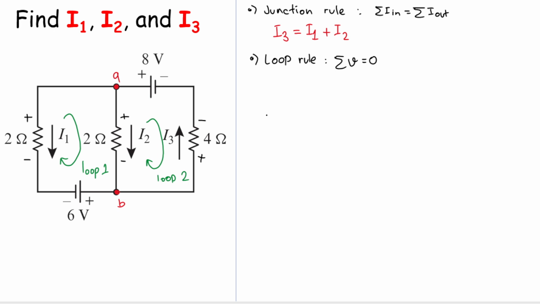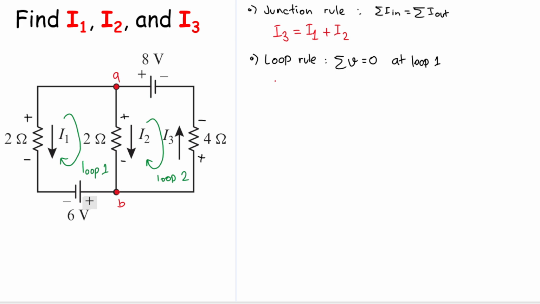Okay, so now let's do the loop rule at loop 1. We have to be very careful about the sign of the voltage. Let's start with loop 1 here, with the loop entering from the positive terminal. It is entering from the positive terminal, so I will have a positive sign.